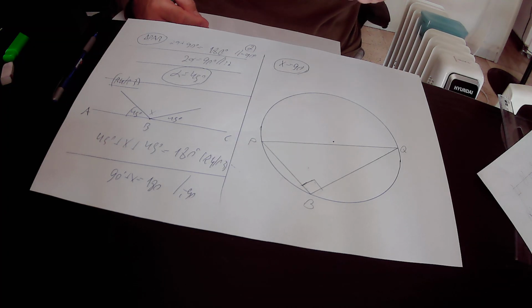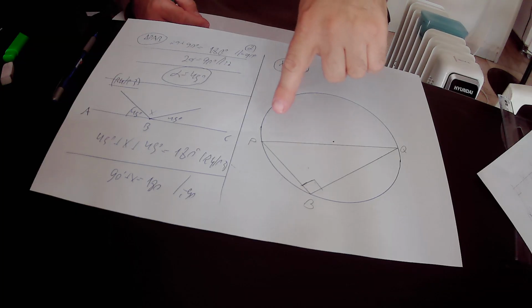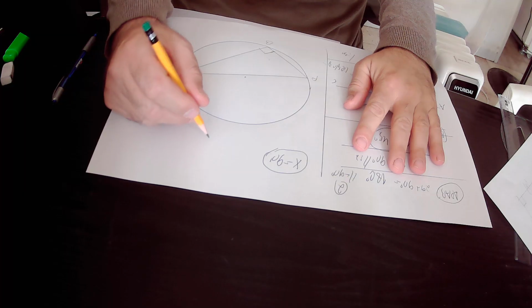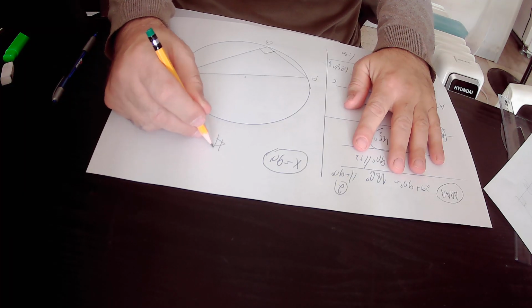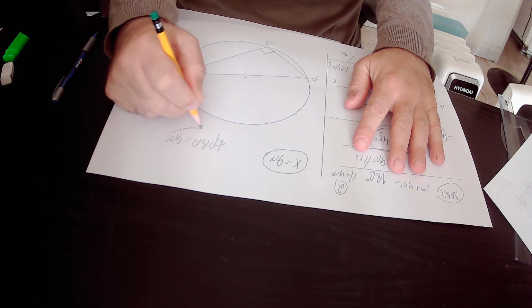So in the drawing, we have peripheral angle PBQ. This peripheral angle PBQ is equal to 90 degrees in its size, and we have rule number 5 that relates to any peripheral angle that is a right angle. So I write down that peripheral angle PBQ equals 90 degrees in its size.